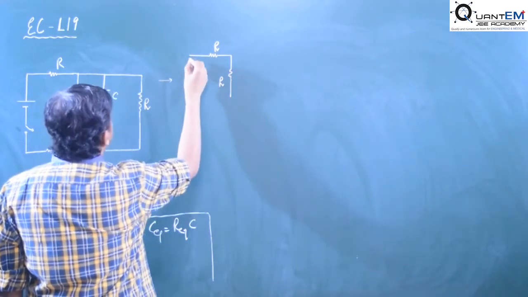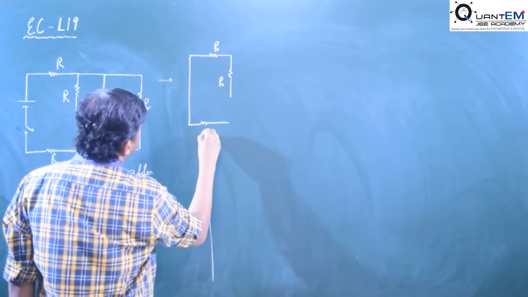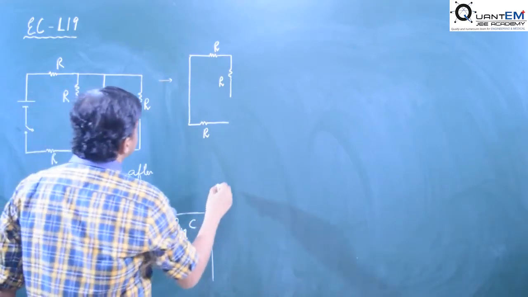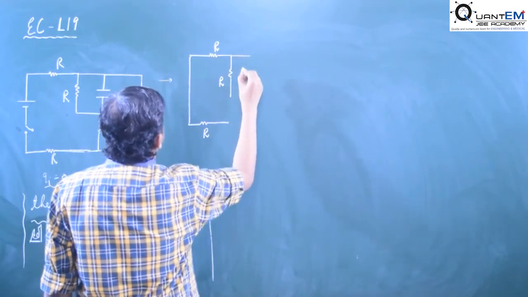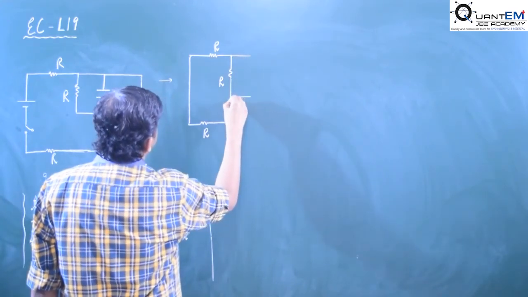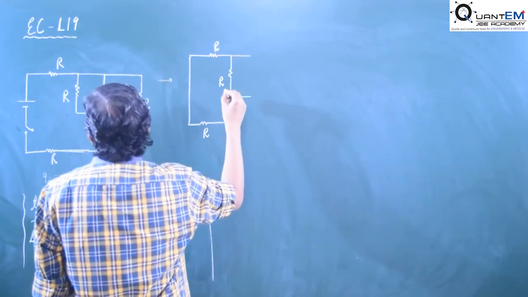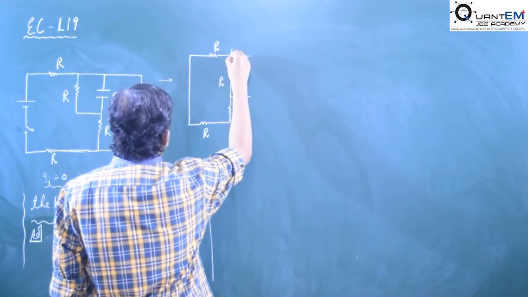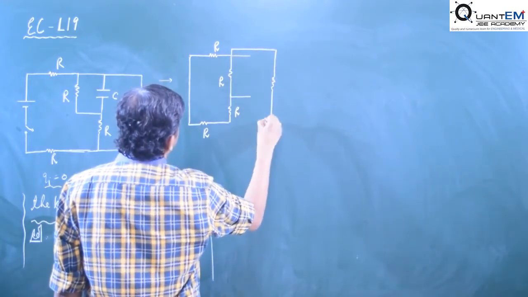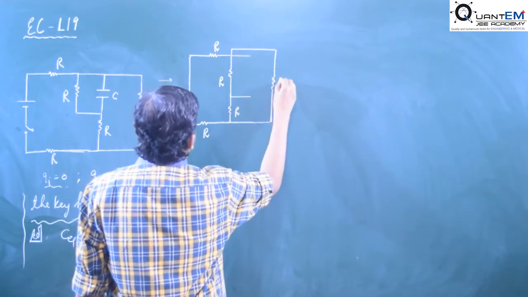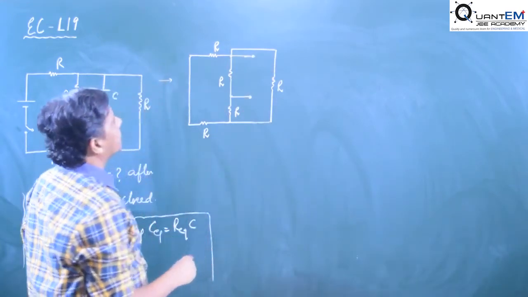Okay, so this resistance we have R, battery is short circuited now. It is resistance R, and it is also R. About these two ends we have to find the value of what?